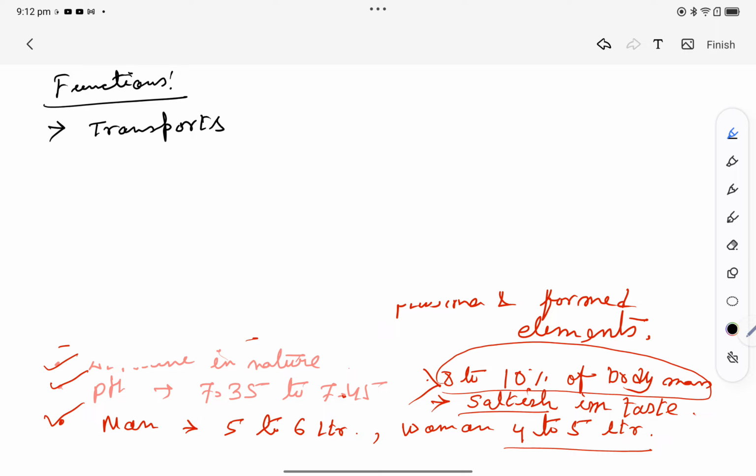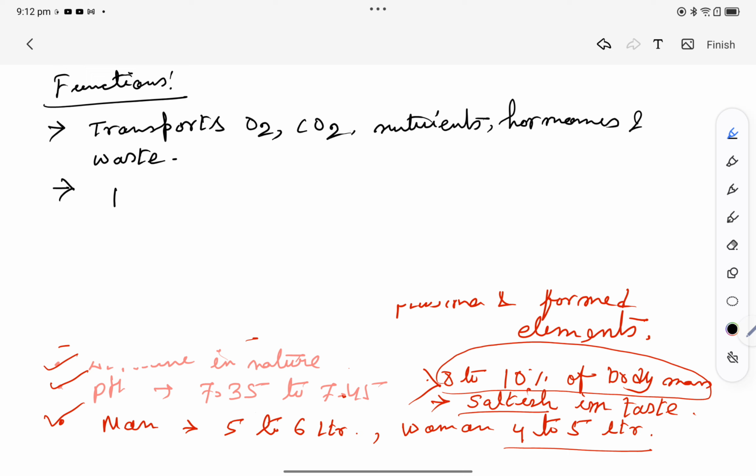Blood transports oxygen, carbon dioxide, nutrients, hormones, and waste products.